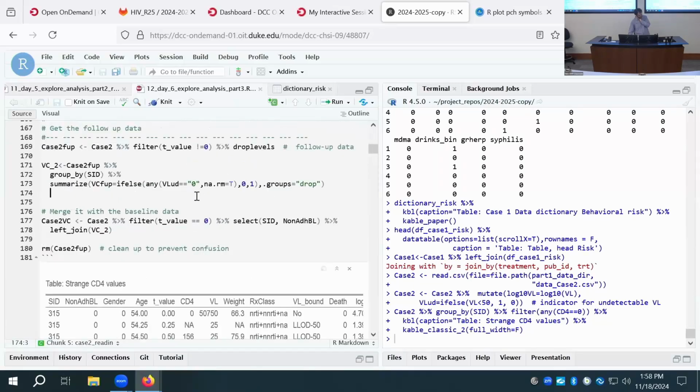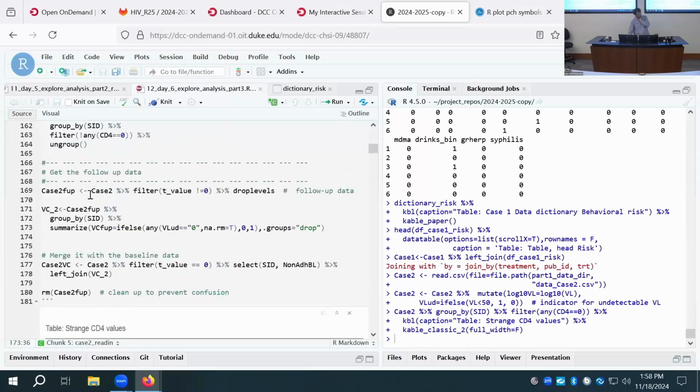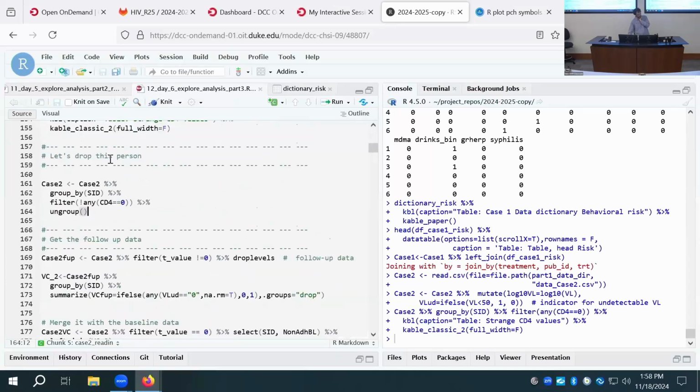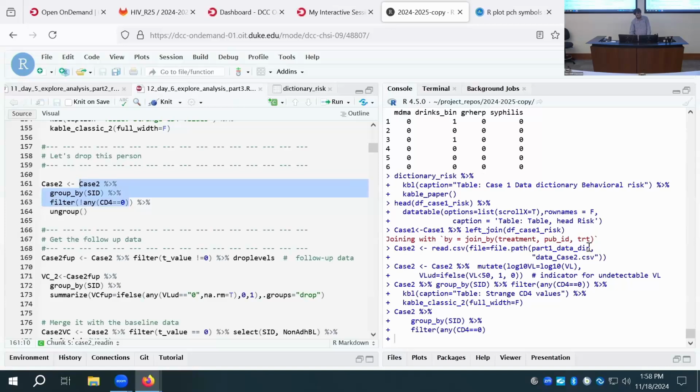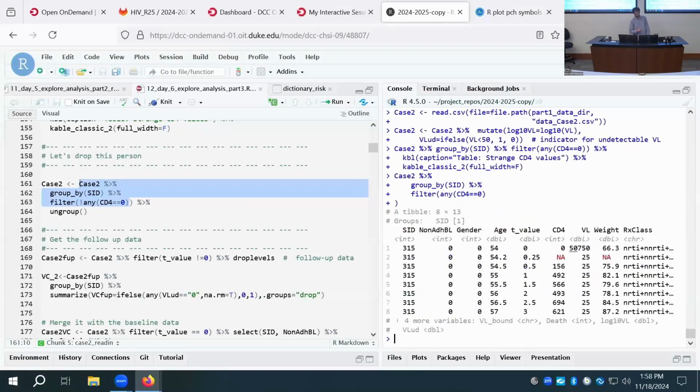So we're going to take this case 2, group by SID, and say if any of their CD4 values equal 0, drop them from this study. If we didn't have that filter, it would just give us that one person, right? So we're going to drop this and then we're going to ungroup.